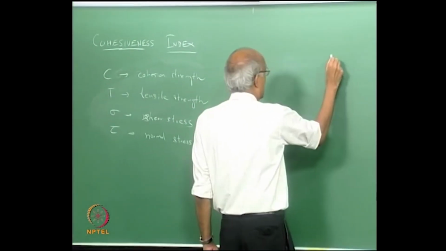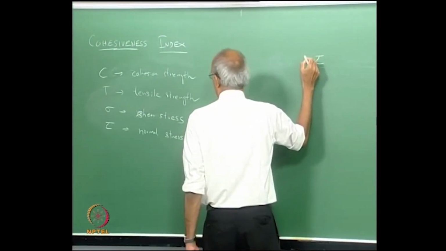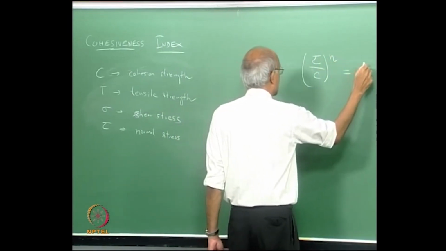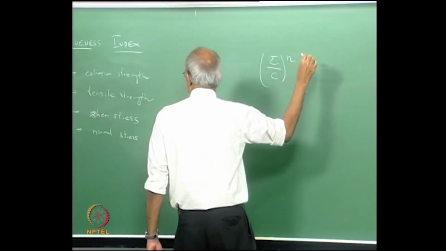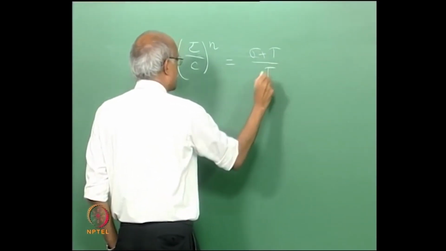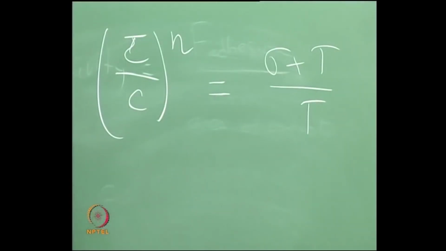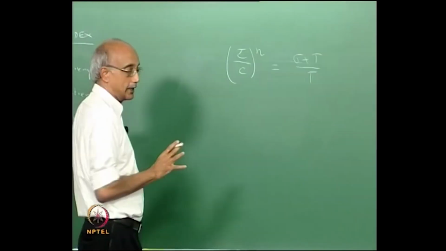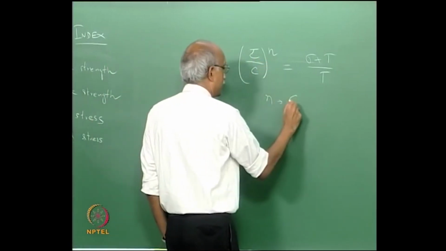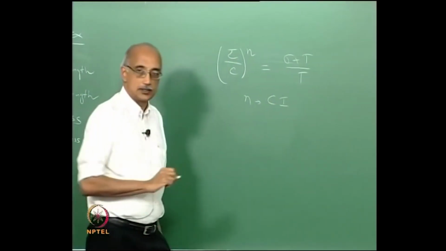If you take tau over C to the power n and you equate this to sigma plus T over T, this is the equation that is used to define the cohesiveness index of the material. n is called the cohesiveness index.